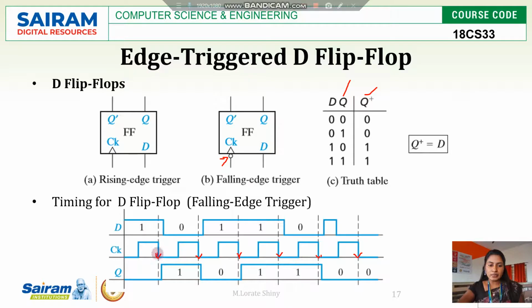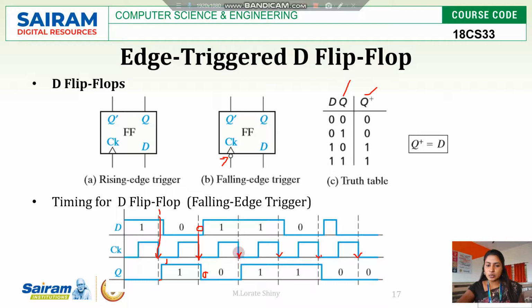So at this point we have to check what is our D. D is 1, so Q is also 1. After the delay time, Q became 1. Till the next falling edge it will be 1. At the next falling edge I am checking my D, it is 0. So Q will become 0, and till the next falling edge it will be 0 only.